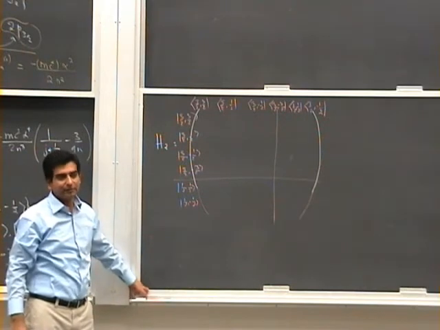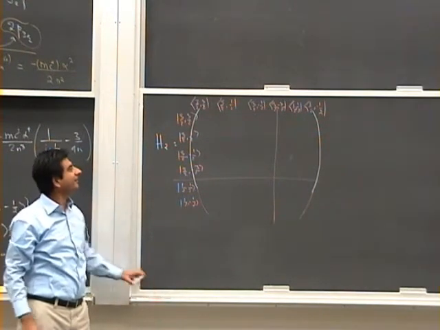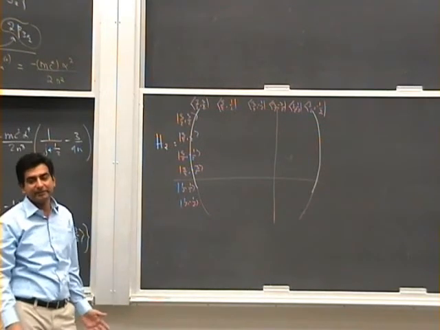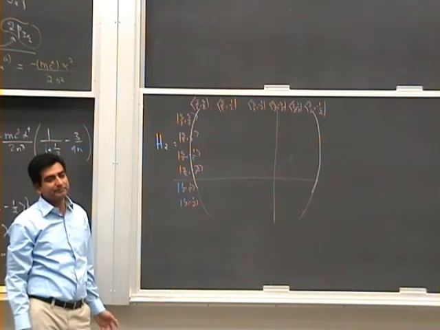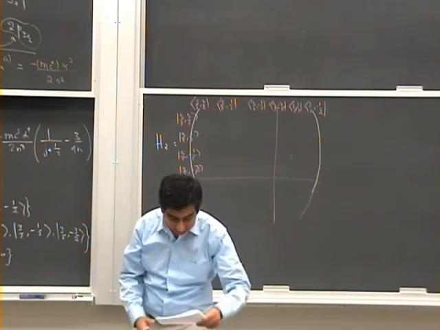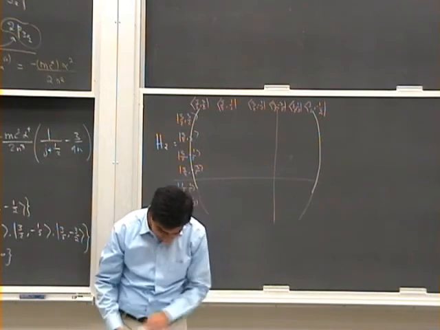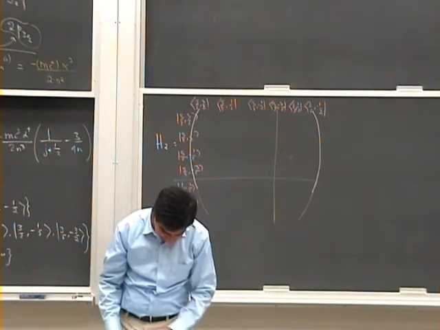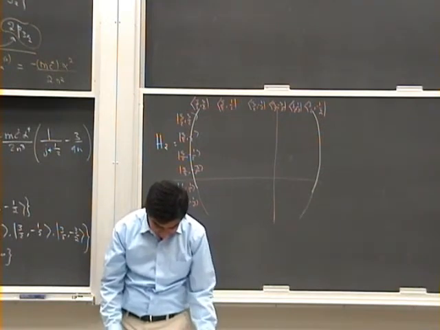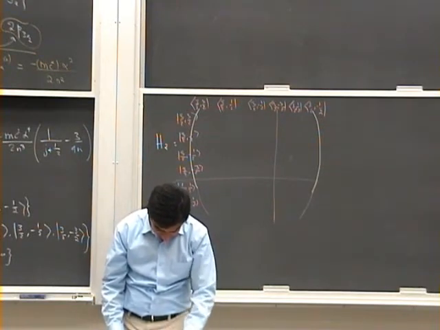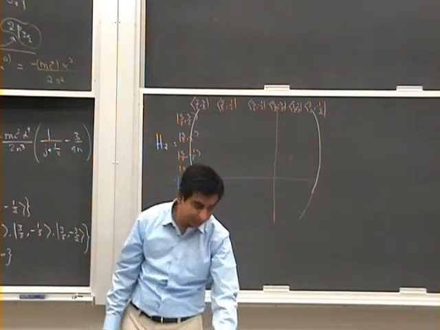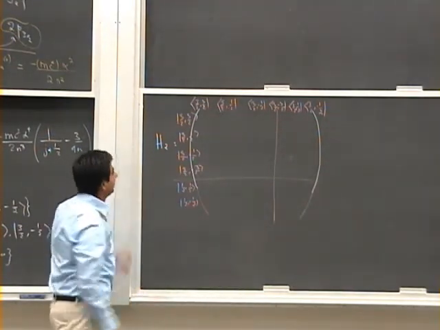Okay. Now the second thing is that this is a 6x6 matrix, 36 elements in this matrix. So this is HZ.